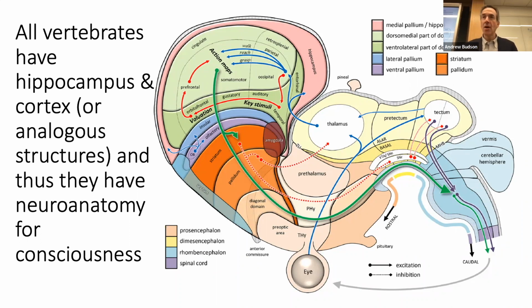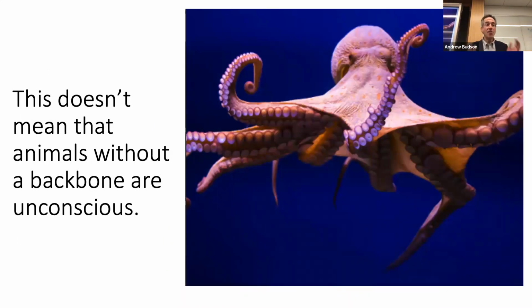This fits with other researchers who suggest there's a gradient of consciousness. I think the consciousness of a fish is different than that of a frog, which is different than that of a mouse, which is different than that of a dog, a chimpanzee and a human, but I think it's on a continuum. And I do want to say, this doesn't mean that animals without a backbone are unconscious.